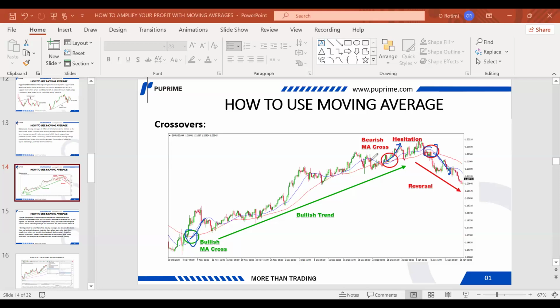When the fast moving average, in this case colored blue, crosses above the slow moving average, then we say it's time to take a buy trade. It's a buy signal. And when the fast moving average, the blue, crosses below the red, then a sell opportunity, a sell signal, is generated at that instance.